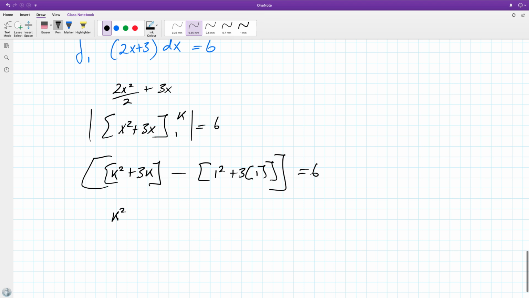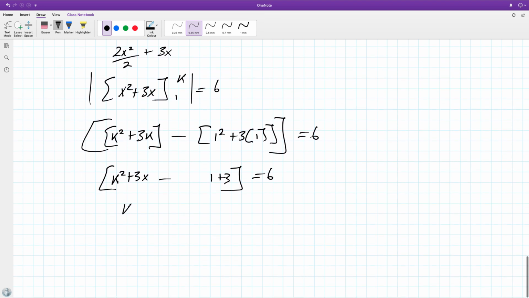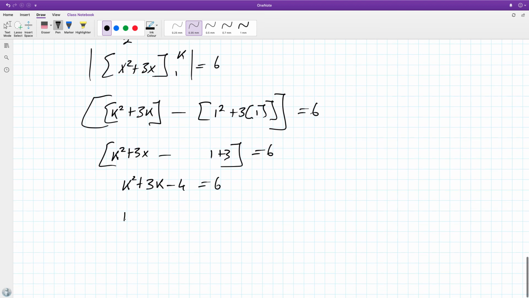That's k squared plus 3k minus 1 squared is 1 plus 3 equals 6. That's k squared plus 3k minus 4 is equal to 6. K squared plus 3k, bring over your 6 and you're going to get minus 10 is equal to 0.